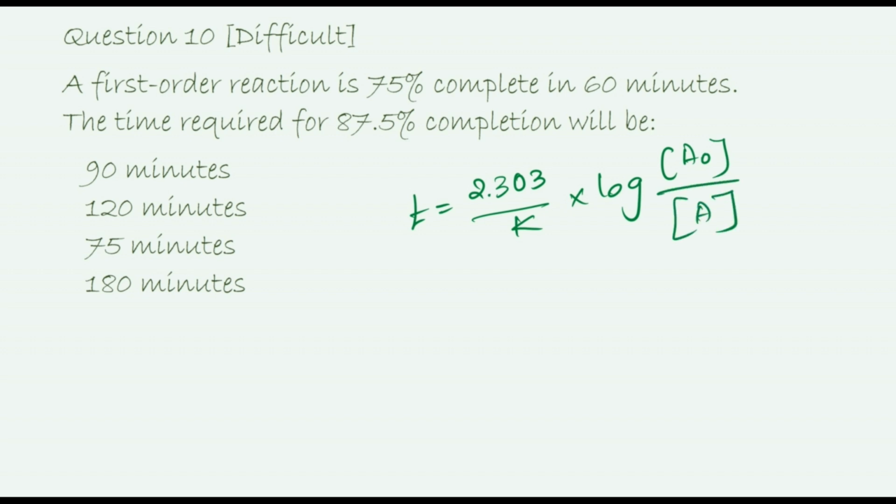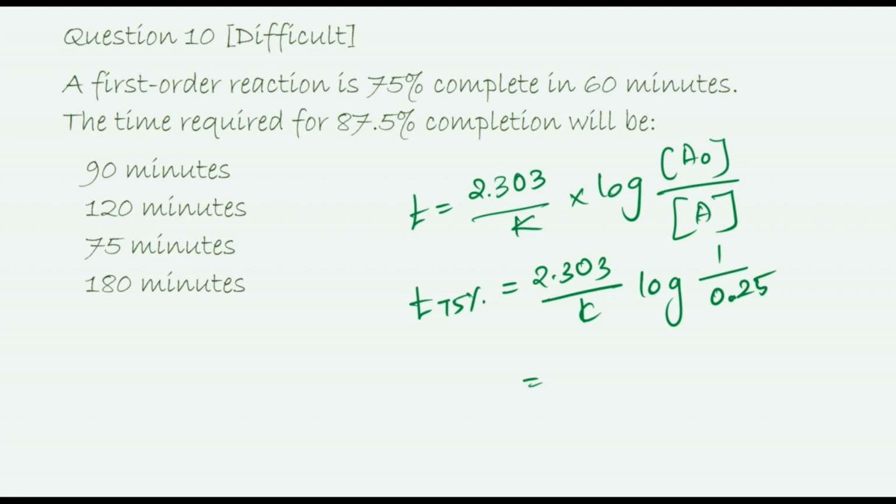So at 75% completion, a by a naught is equal to 25%. So we are just substituting the values, 1 by 0.25, which will give you log 4, and then t75 is 60 minutes.